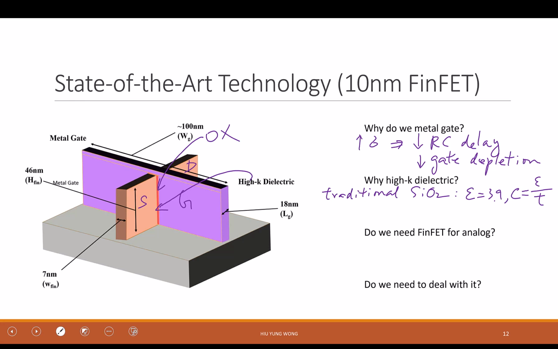Probably you heard about that. If there's a wall, I run to the wall, of course I cannot go through unless I have enough energy, right? But when the wall is very thin for an electron, quantum mechanically, they can go through. And then you cannot stop the current going from the gate to the substrate. And then you have a lot of leakage. That's called tunneling. So we cannot keep reducing T.